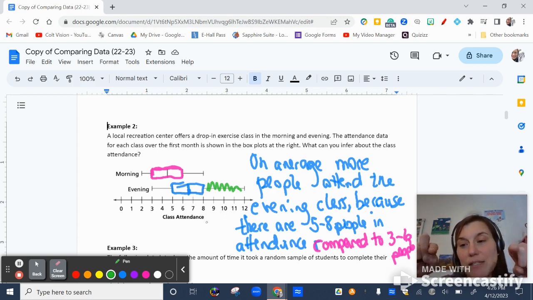So the evening class has more variability, that's the ends. Okay, it's more spread out. But for the center, all I have to do is see which box is to the right. The one that's to the right, that's the one that's more. The one that's to the left, that's the one that's less. It's pretty simple. Okay, so we looked at making inferences and making comparisons.